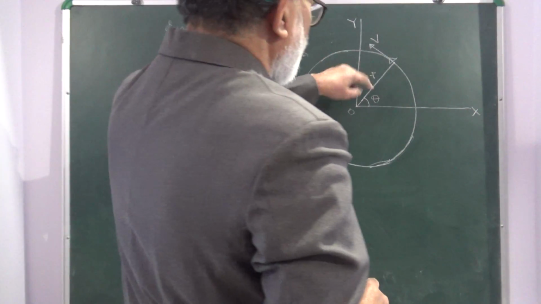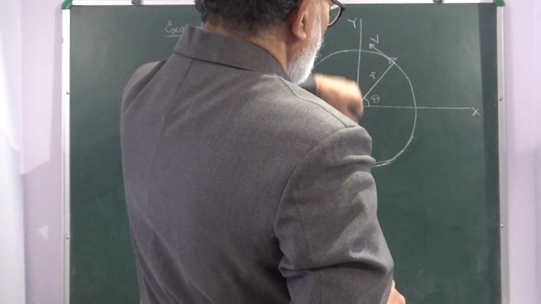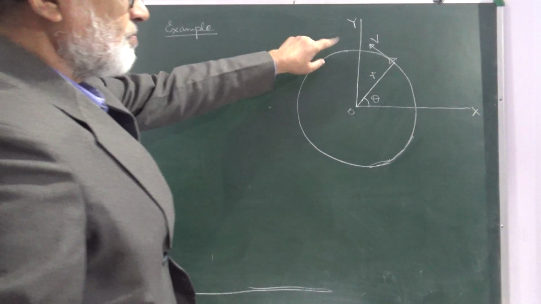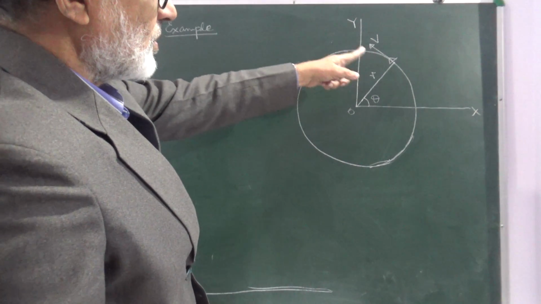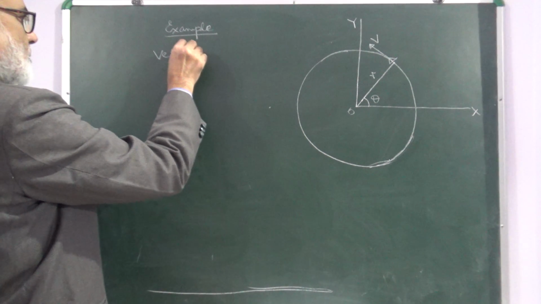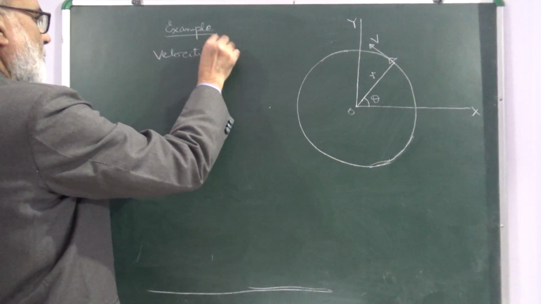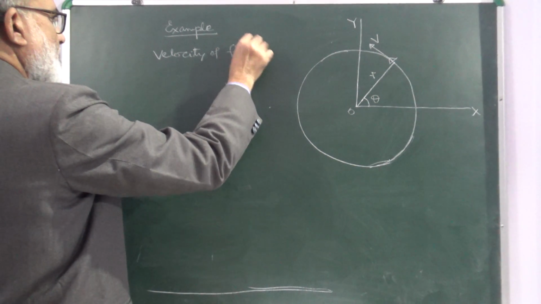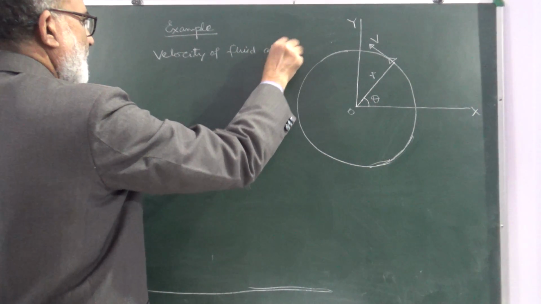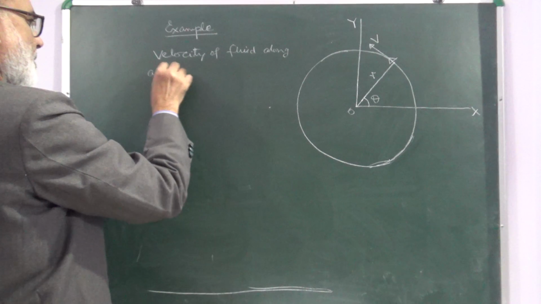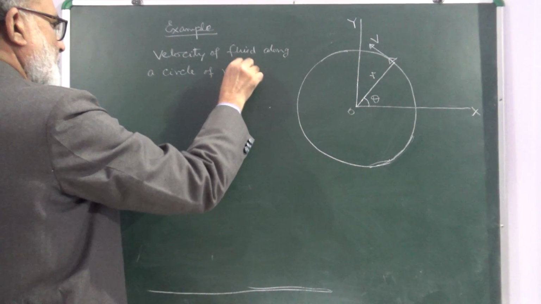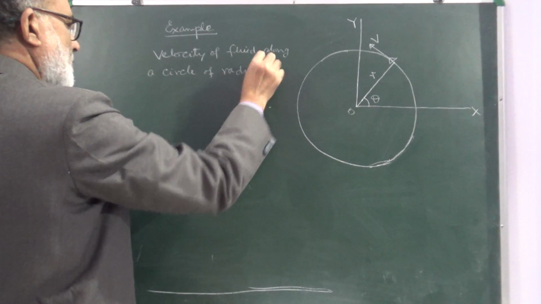If suppose the angular velocity is omega, then v can be written as the velocity of the fluid along a circle of radius r.